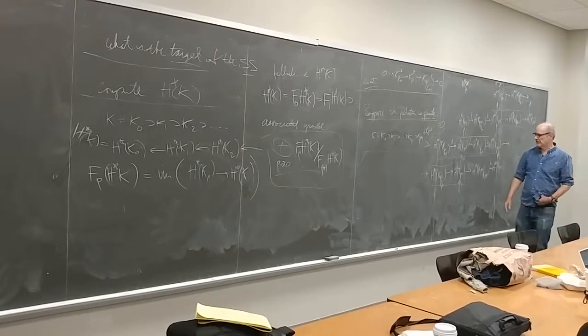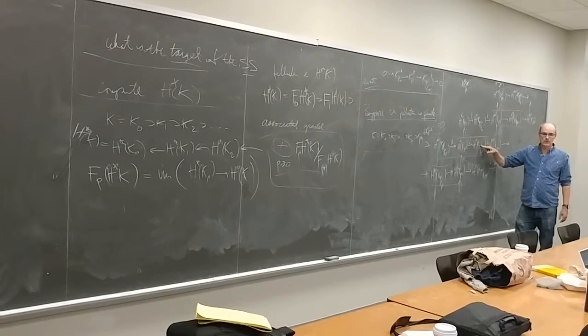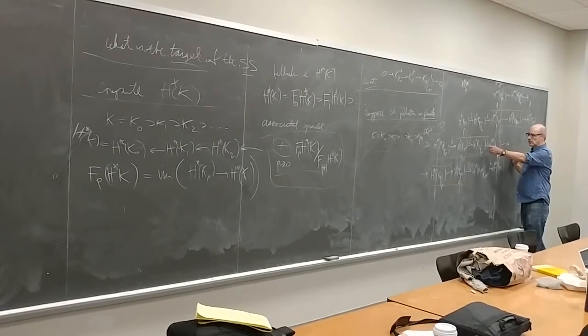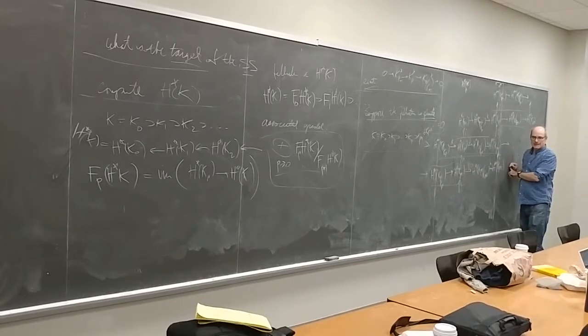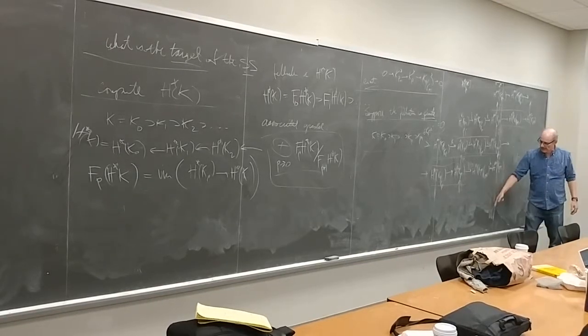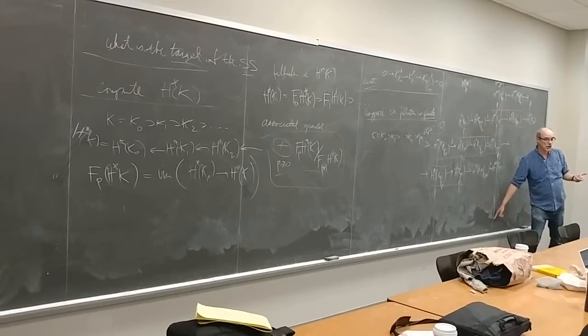And then you can just see, if I have an element in the E1 term and d1 on it is 0, then I do d2 on it. Let's say that's 0. I do d3 on it. Let's say that's 0. Eventually, I'm going to get down to 0. So for some sufficiently large r, dr on that element is going to be 0.